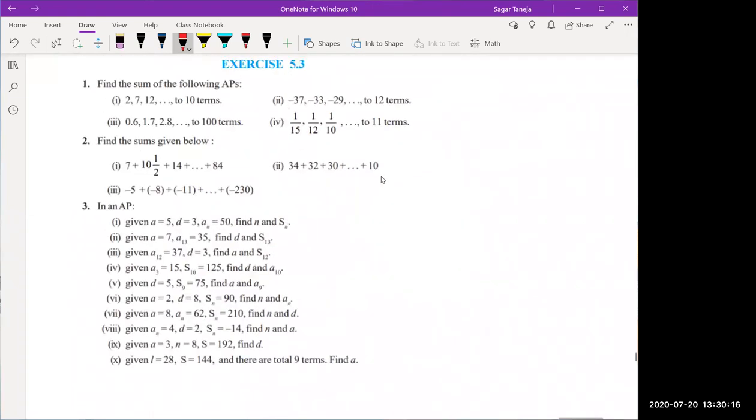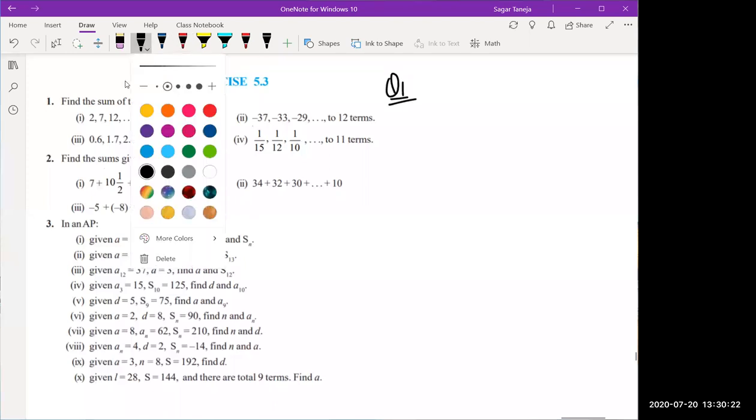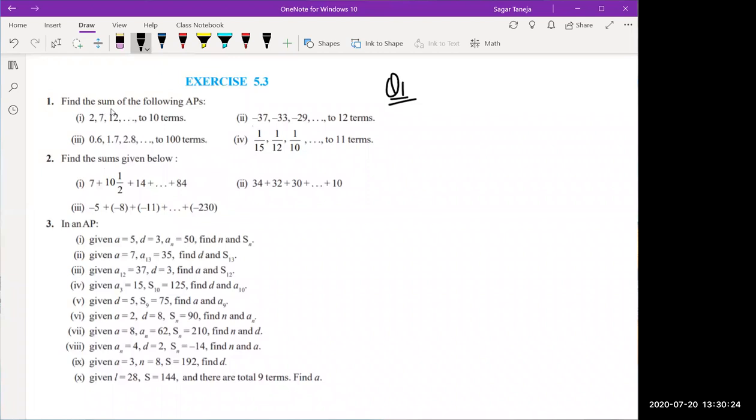See exercise 5.3 question number 1. Find the sum of the following APs. Till now this type of question didn't come in the previous exercise. This is a new concept based on the new formula. Find the sum of the following APs. First part.